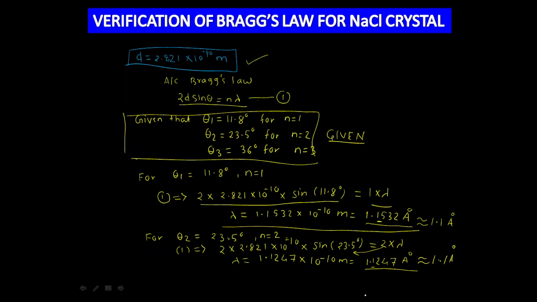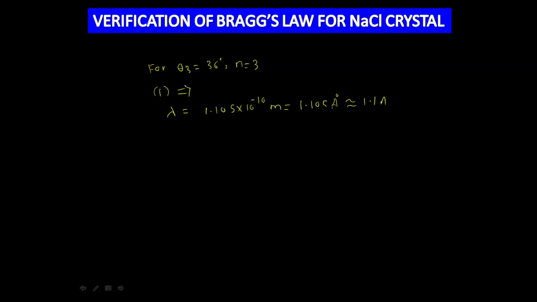Similarly, if I calculate for theta 3, which is given as 36 degree and n equal to 3, by using the same equation number 1, I will get lambda is 1.105 into 10 to the power minus 10 meter, means 1.105 angstrom. So this is also approximately 1.1 angstrom.